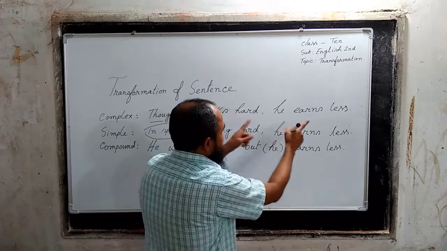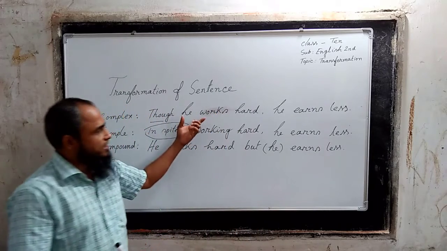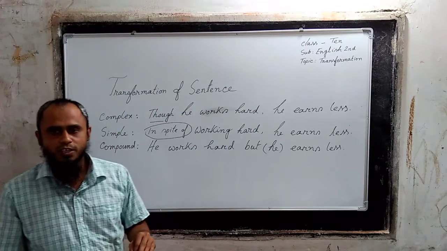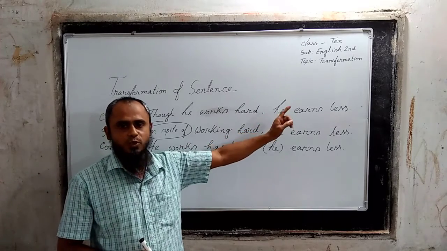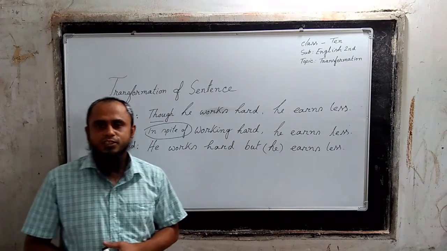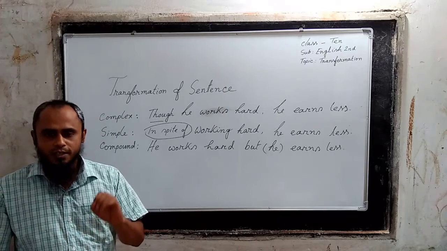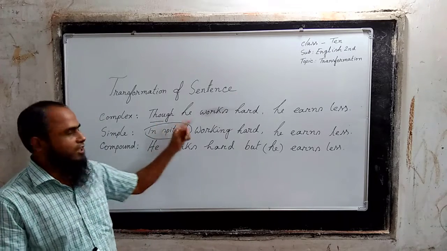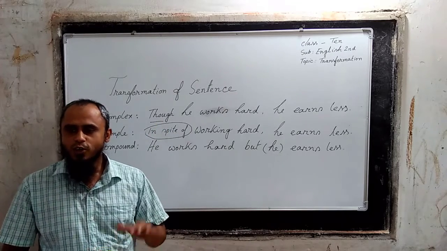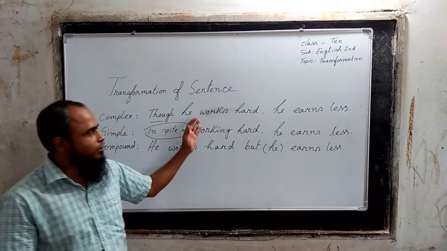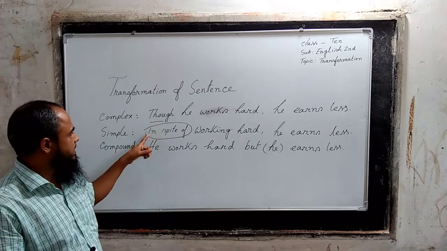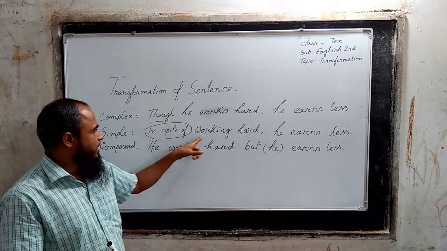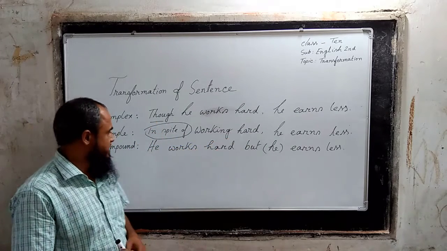Though he works hard, he earns less. Though he works hard, this is the dependent clause, so it will depend on the principal clause. That is why it is not necessary to change the principal clause. You will change only the subordinate clause, because this clause depends on the principal clause. So the dependent clause you will change: In spite of working hard, he earns less.